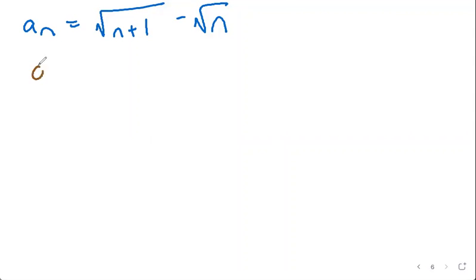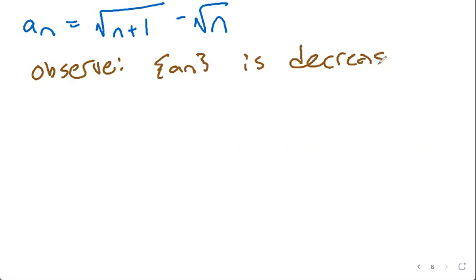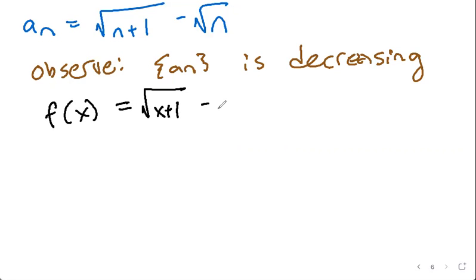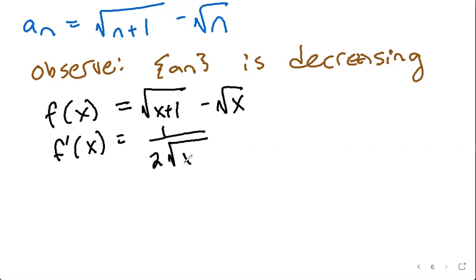We observe that a sub n is decreasing. How can we show that? Well, derivatives. We can think about the function f of x equals square root of x plus 1 minus square root of x. And f prime of x is 1 over 2 square root of x plus 1 minus 1 over 2 square root of x. Sorry, that should be x plus 1 there.